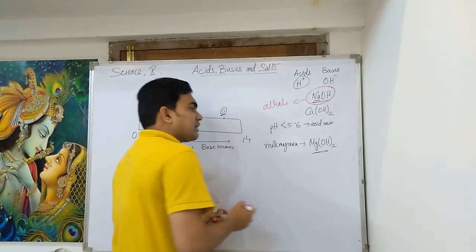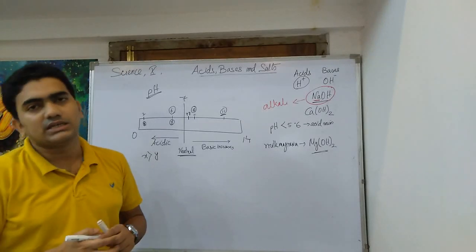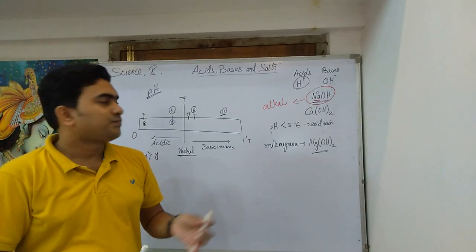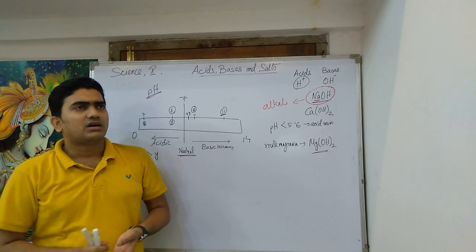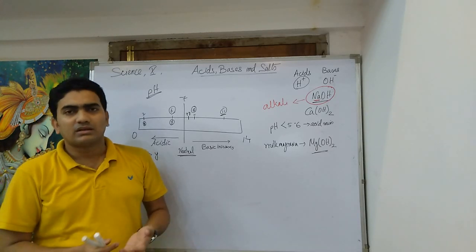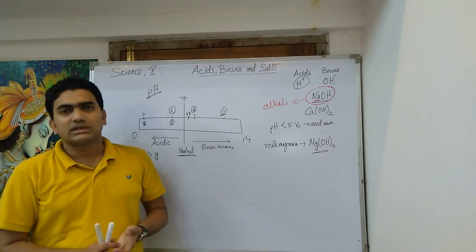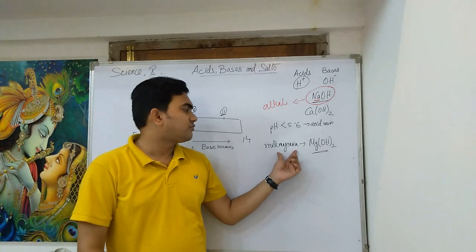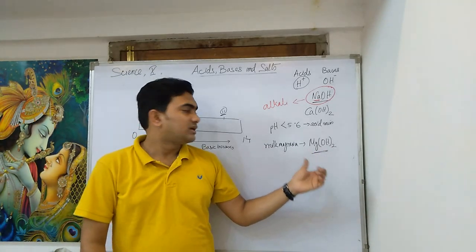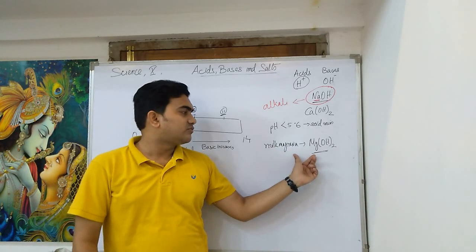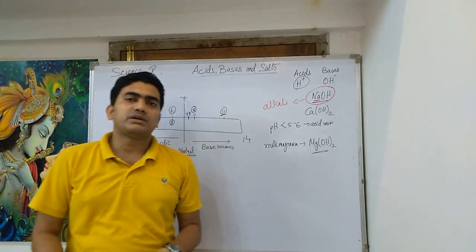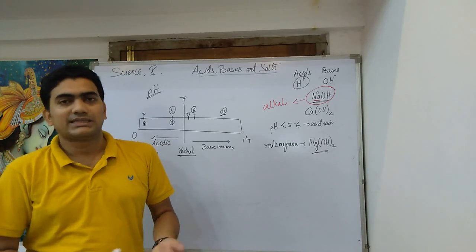This magnesium hydroxide is used in the making of antacids. We have many sorts of antacids, like Gelusil, and many other products. A limited consumption of milk of magnesia will help us in curing our acidity problems.